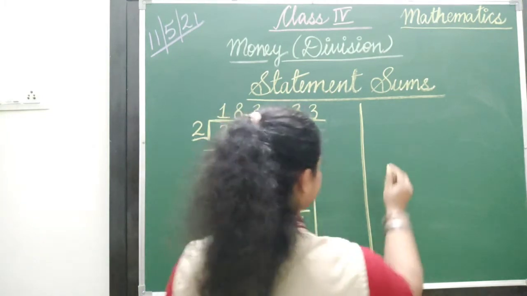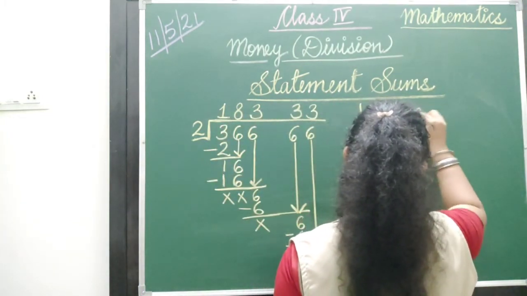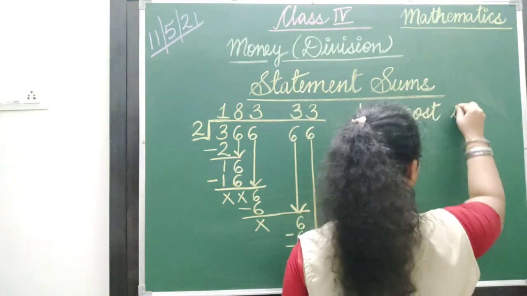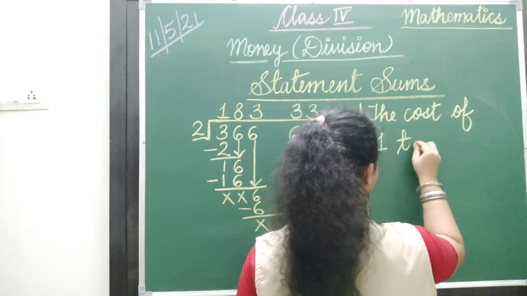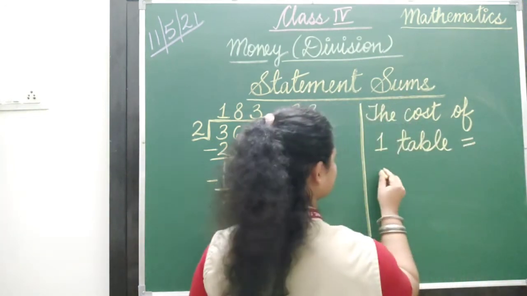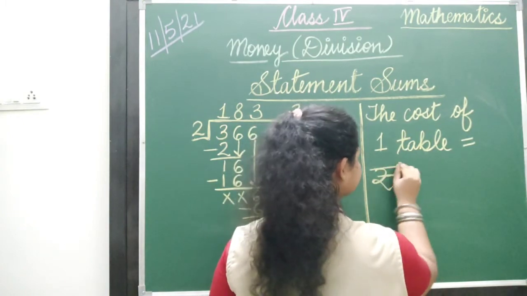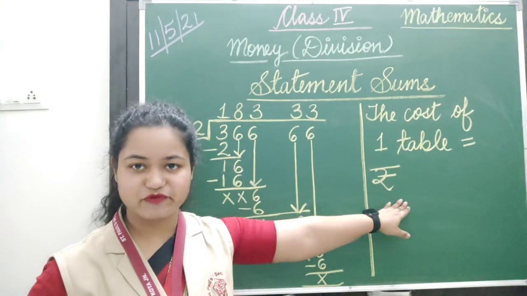here I can say the cost of one table is equals to rupees. Before writing the quotient, I will write rupees in front.